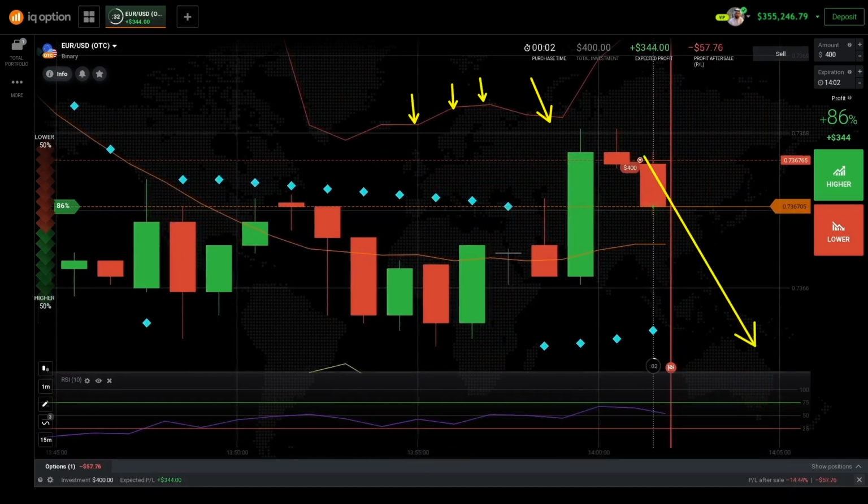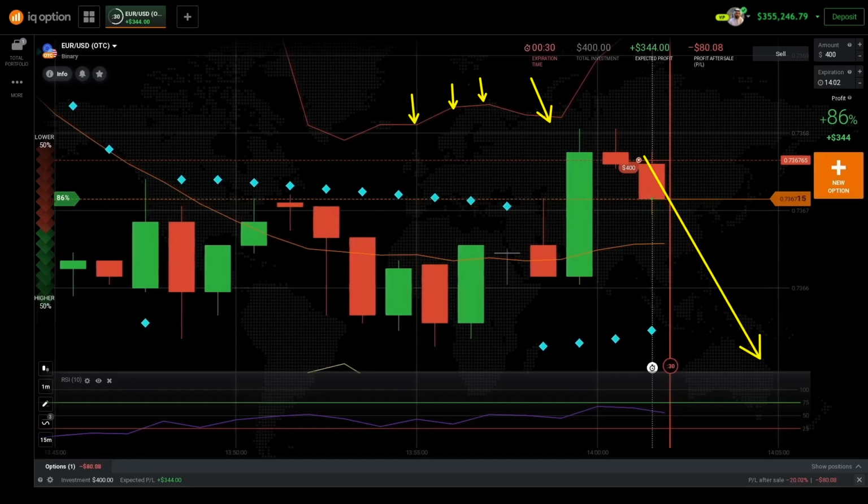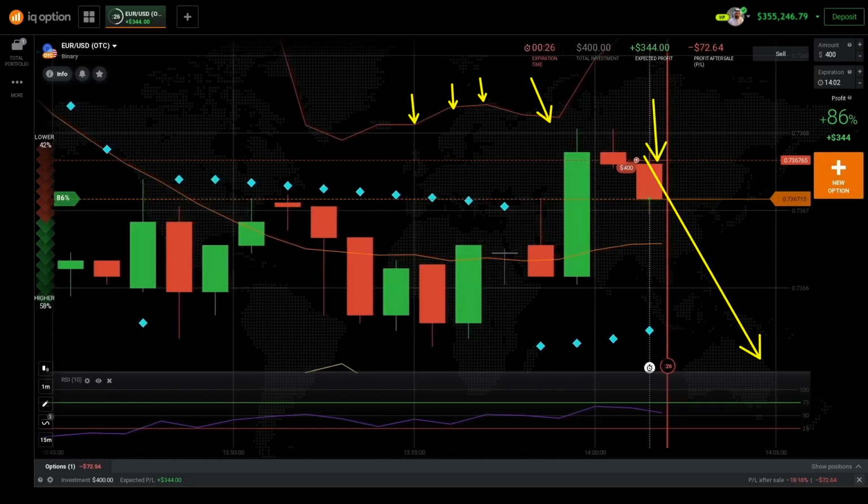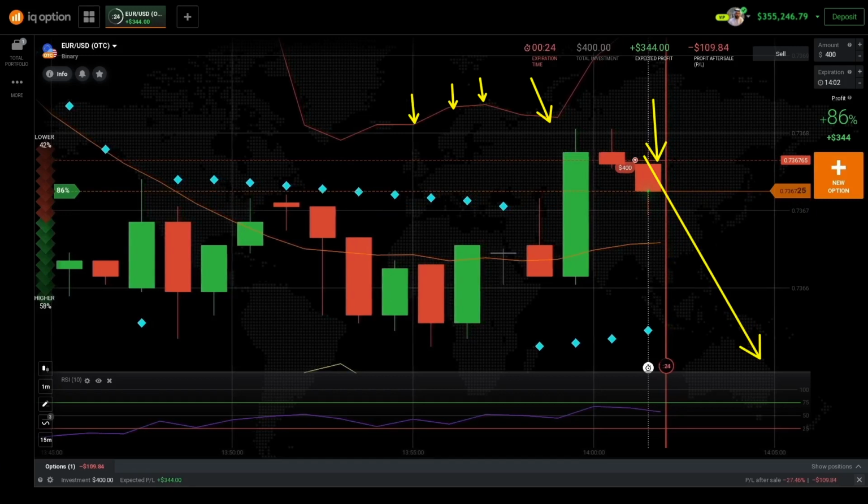So here also we have an indication that the market is going down, and here the market is creating a red candle.